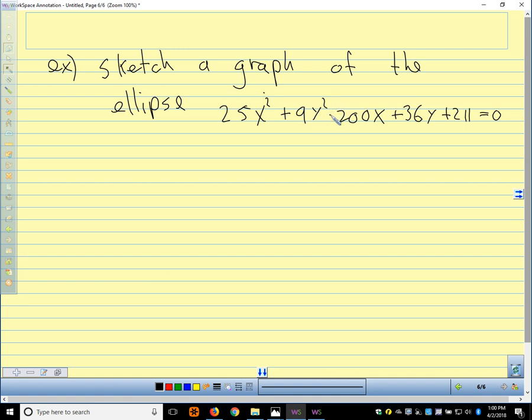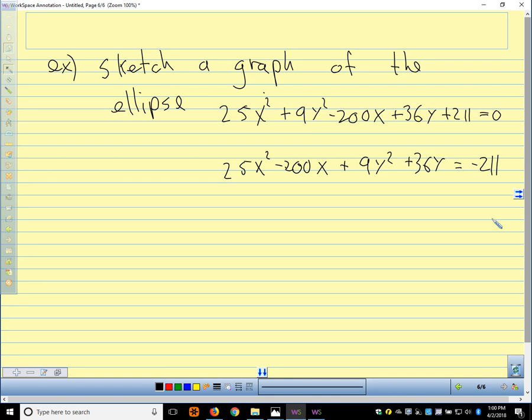But what do we need to do here? Yeah, that's a minus sign. We need to get it in standard form. So I'll collect the x parts, and I'm going to put the negative 211 on the other side.